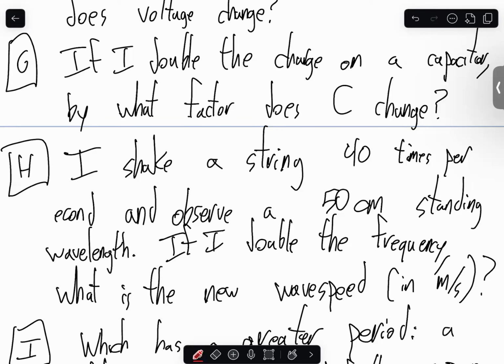If I say I double the frequency and observe the same wavelength, two strings are being shaken, one at 40 cycles per second, one at 80 cycles per second. They both have a 50 centimeter standing wave. What can you deduce? The frequency is different. The wavelength is the same. The V's must be different. They're different strings, but here I didn't change the string.